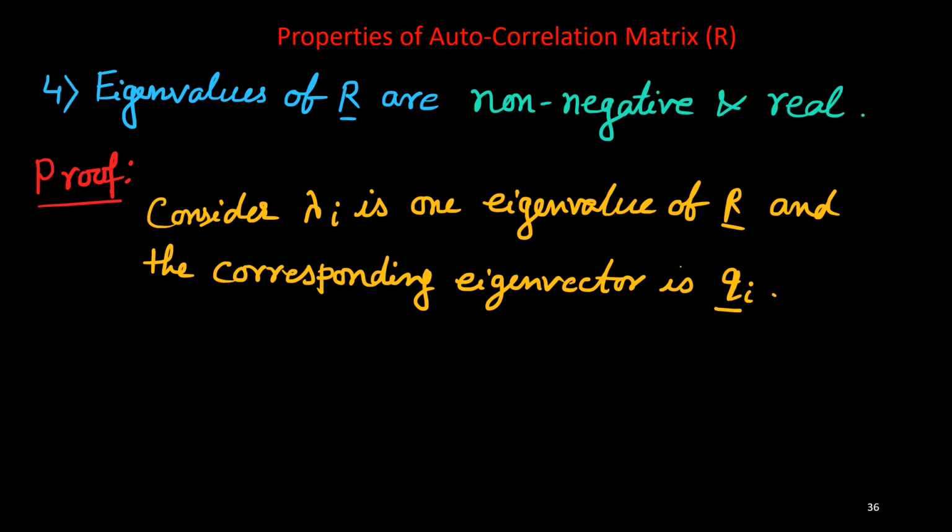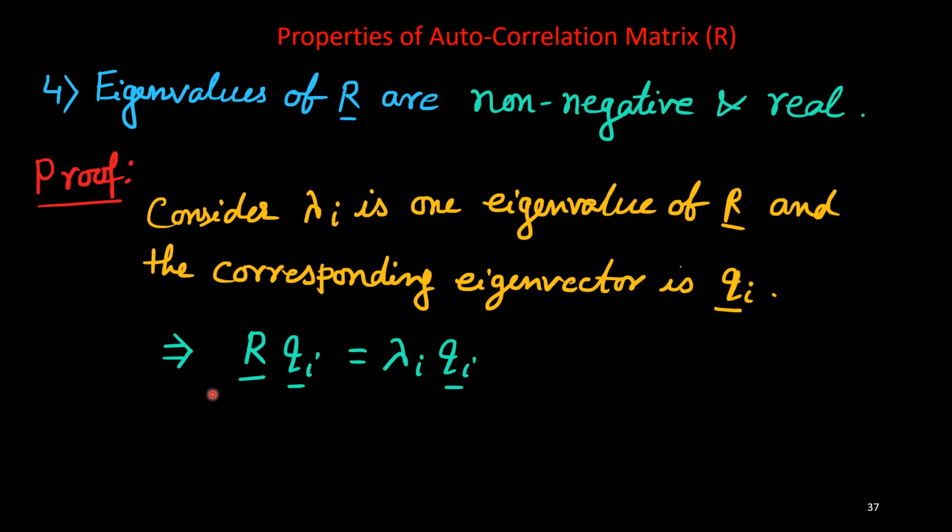Now consider that lambda i is one such eigenvalue of R and the corresponding eigenvector is qi. Because lambda i is the eigenvalue and the corresponding eigenvector is qi, if I multiply R times qi, qi being the eigenvector, you will get the same vector qi multiplied by its corresponding eigenvalue.